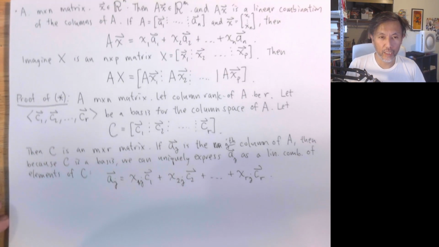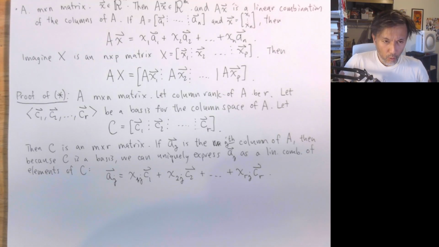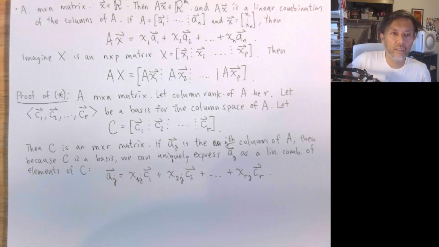Okay, there we go. So this is the jth column of A expressed as a linear combination of the basis vectors C.